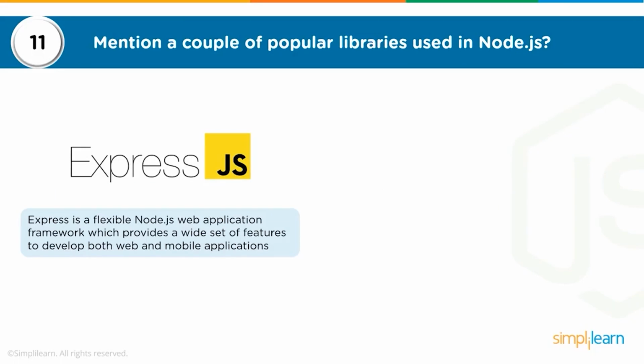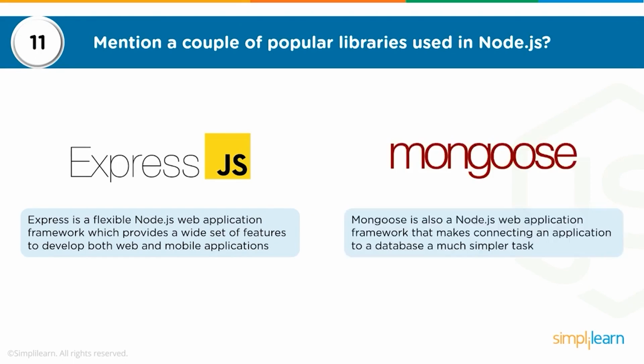For some of the other popular libraries that you use for Node.js, Express.js is a very popular one. I really like working with Express.js. It allows me to build out web applications really quickly. More importantly, it allows me to build out APIs very quickly, and APIs are essentially web applications themselves. But being able to do that very quickly with a framework like Express.js is very useful.